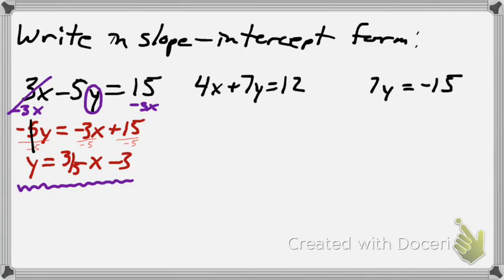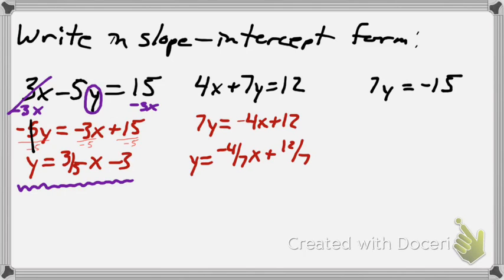Now I want you to try the next one. Step 1 should be moving the x to the other side via subtraction. And then step 2, dividing by 7. I do not want you to change those to decimals. I do not want mixed numbers. I do not want 1 and 5/7. Okay, I want you to leave things as improper fractions. 12/7.